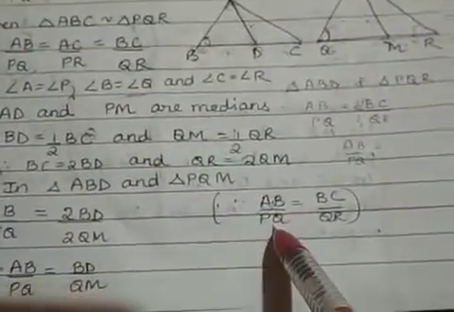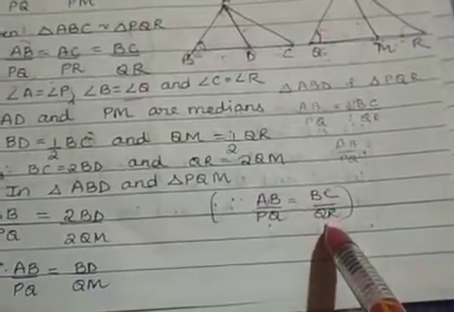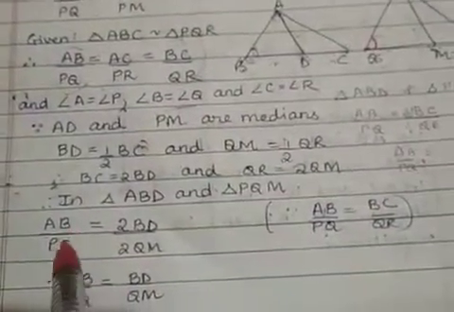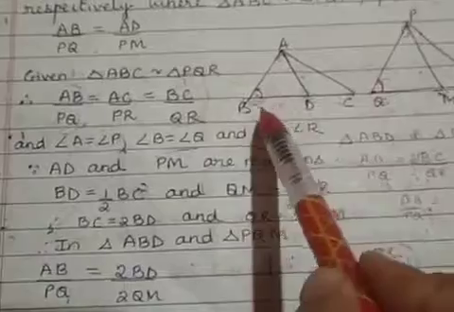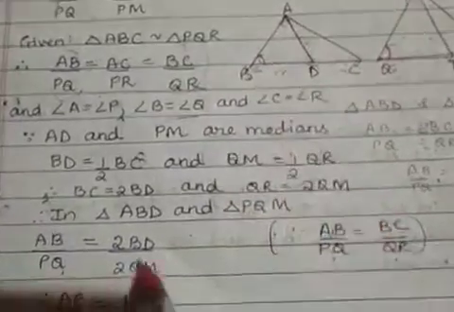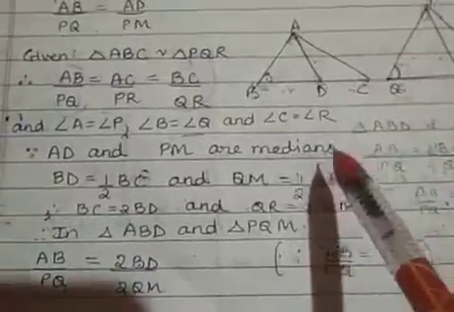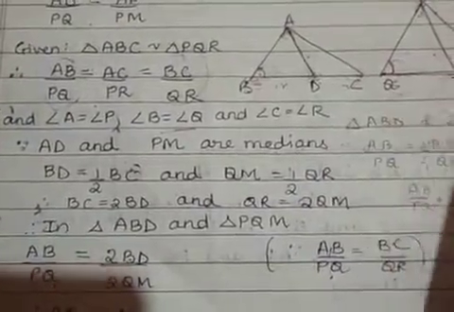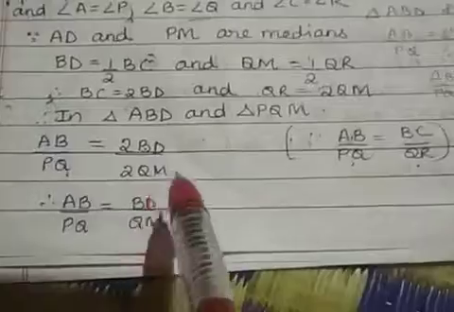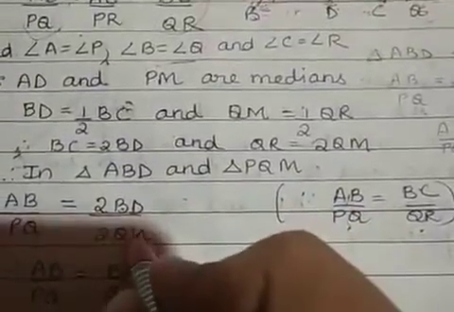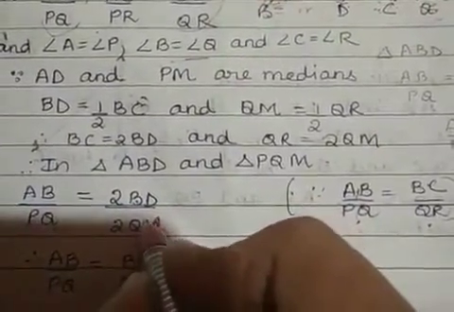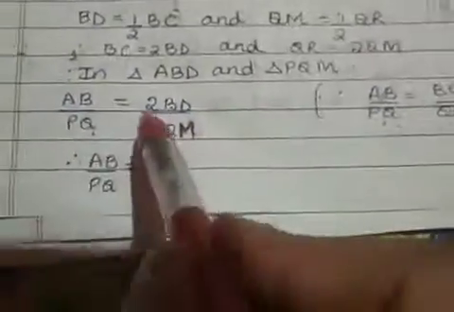Since AB upon PQ is equal to BC upon QR, I can write AB upon PQ as, BC I can write as 2 times BD, and QR is 2 times QM, correct? This is M. So 2 and 2 will get cancelled.